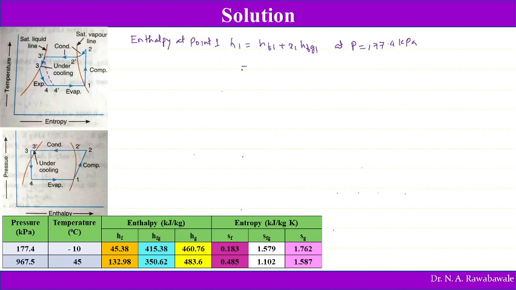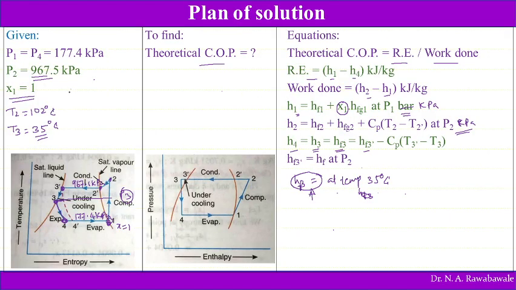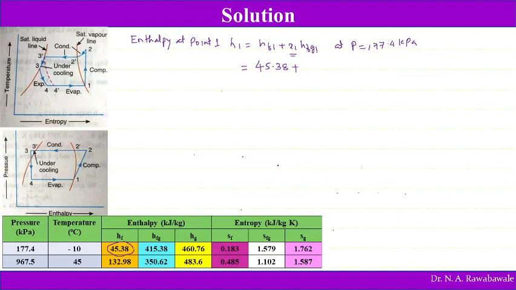From this table we can take HF as 45.38 kilojoules per kg, plus x1, the dryness fraction, which is given in this problem as 1, into HFG1, which is 415.38.